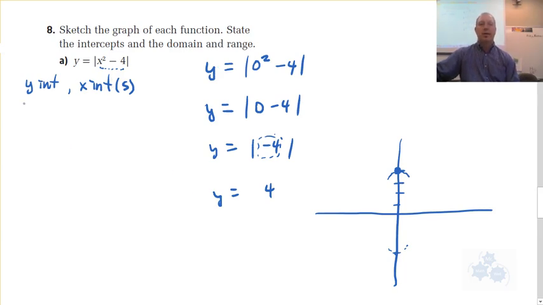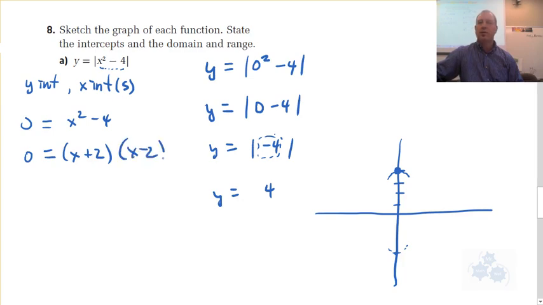So that's the y-intercept. The x-intercepts are where y equals 0. So, okay. And we can do absolute value. 0, there's no absolute value for 0, really, so it doesn't really matter if we have the absolute value signs there. So this is going to be x plus 2 times x minus 2 when you factor this.